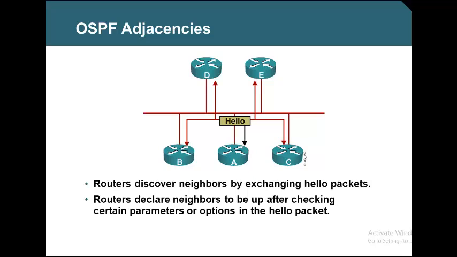So when hellos are exchanged, the routers will look for certain parameters. If only the parameters are matched, the neighborship comes up. If C is in one area, E is in another area, the neighborship will not come. Hellos will be kept sending between these two routers, but they don't accept each other as neighbor.